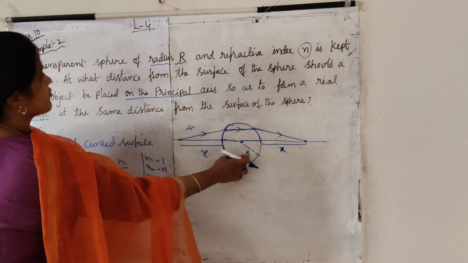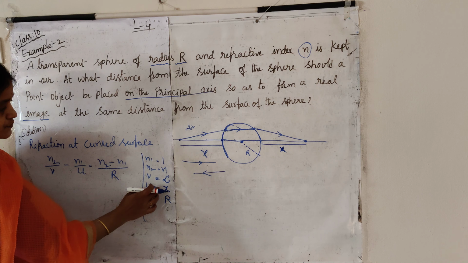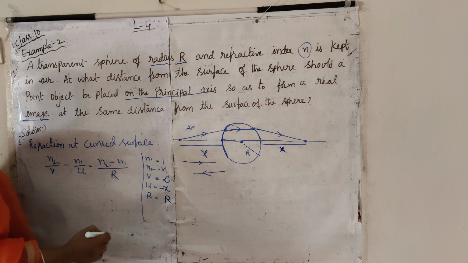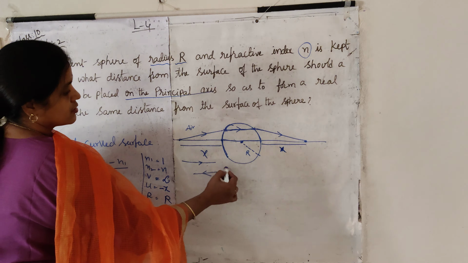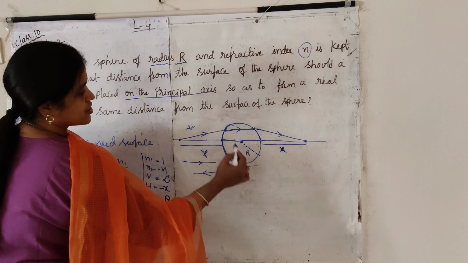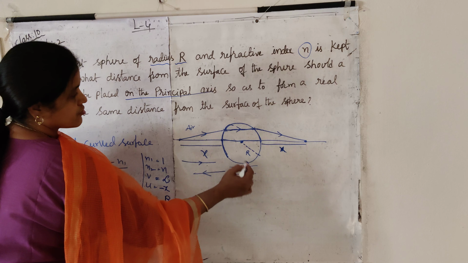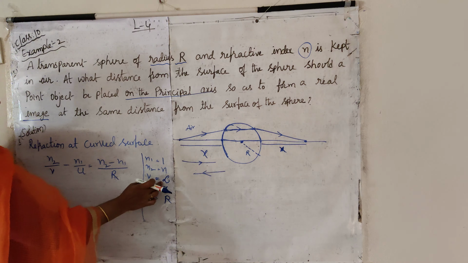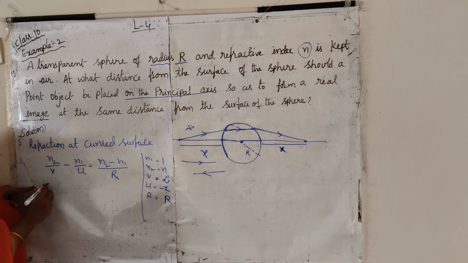The light rays are traveling like this, but you have to measure like this. So object distance, you have to take as minus x, okay, and these are parallel. So light rays traveling along this direction, the image also will get that side only. So this is positive. So infinity you have to take as positive.